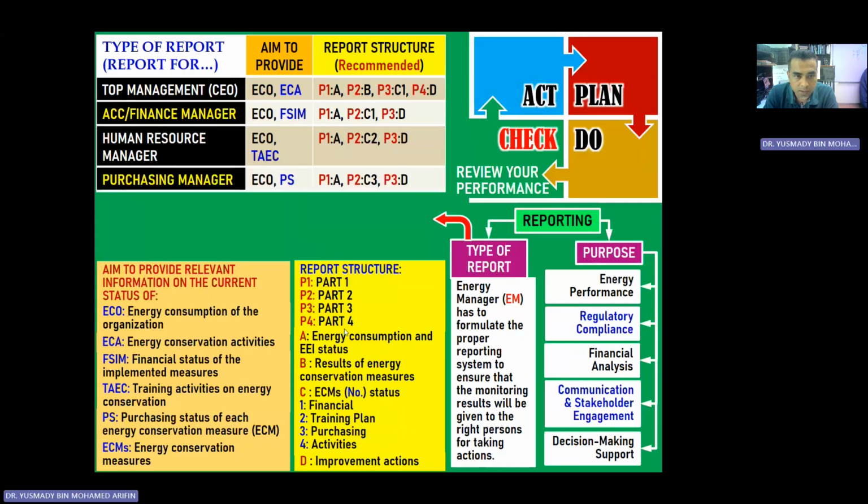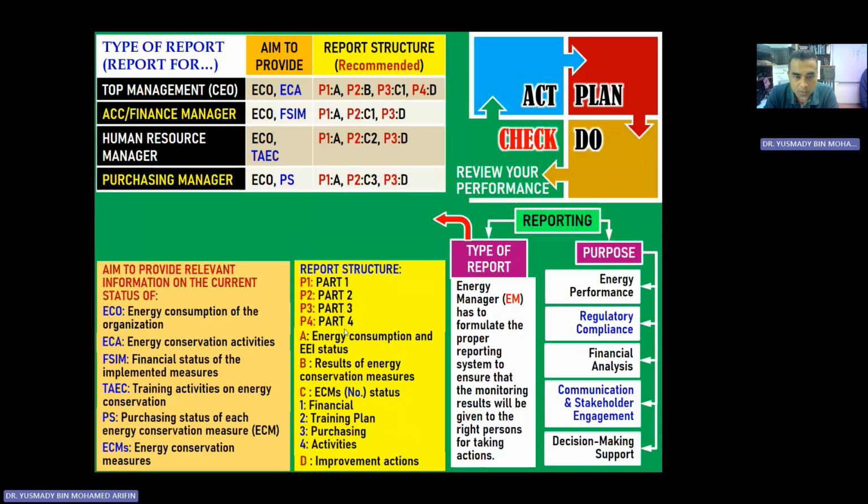And for the purchasing manager, the report will provide information in terms of ECO, energy consumption of the organization, and also PS, the purchasing status of each energy conservation measure. In terms of report structure for the purchasing manager, we'll have 3 parts.